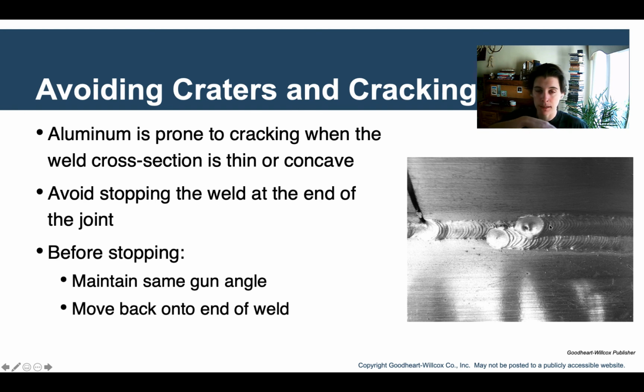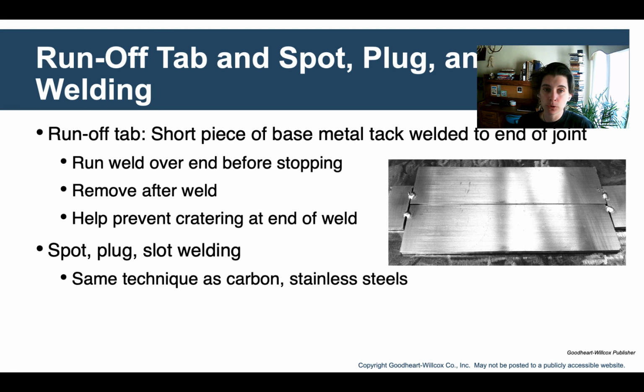Again, same with stainless steel, that concavity. So before stopping, keep the same gun angle, finish up your weld, and then move back into the end of the weld to fill in that crater, and then you won't have that problem that could lead to cracking at the end.